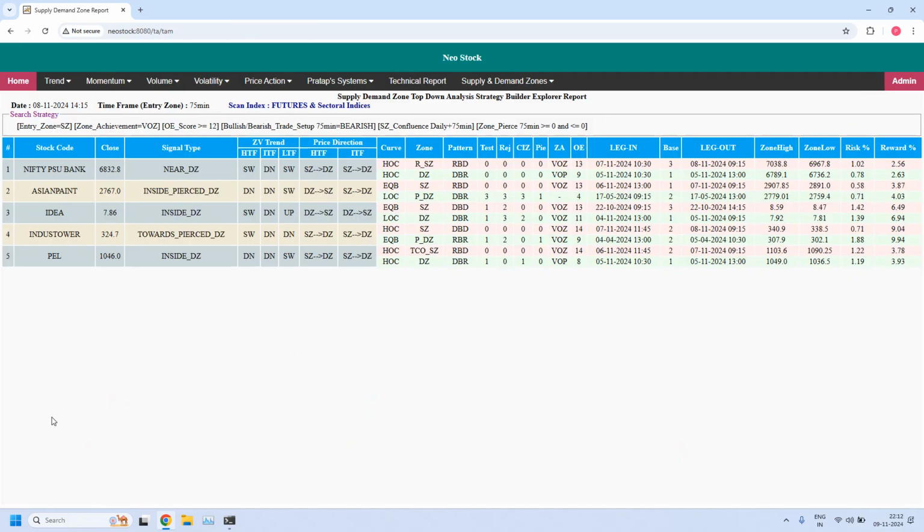In all these 5 stocks, the 75 minute supply zone is a part of the daily supply zone. Because 75 is part of the daily and the daily ITF trend is a downtrend. If any of these 5 daily supply zones have daily EMA confluence, they are even more high probability setup, because 75 minutes entry zone is part of the daily zone.